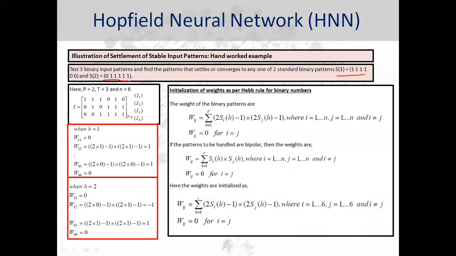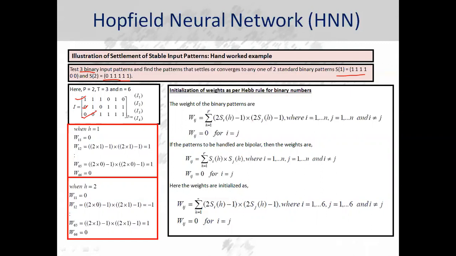It will contain six neurons, and after storing these patterns, we need to test it for three patterns: pattern number one, pattern number two, and pattern number three, all containing six features again.